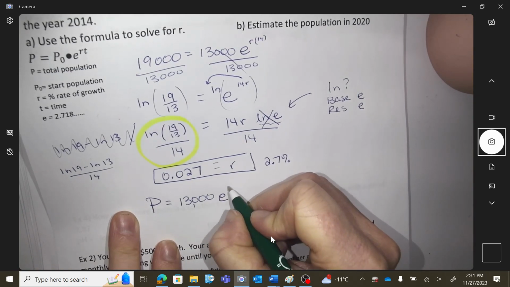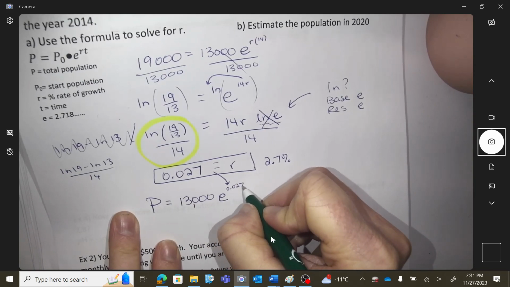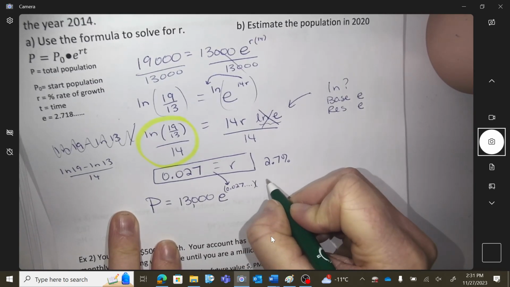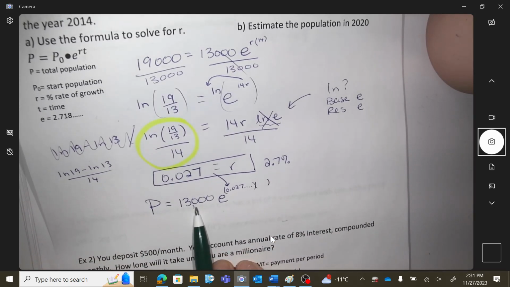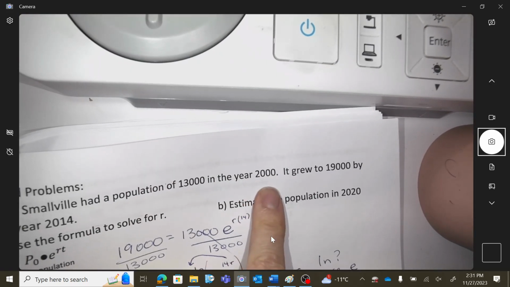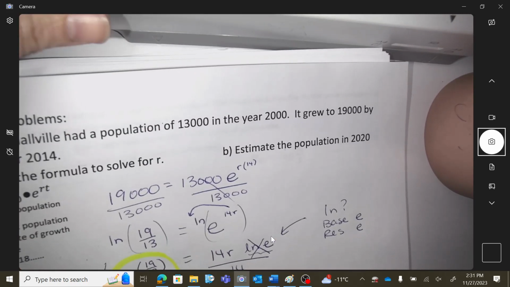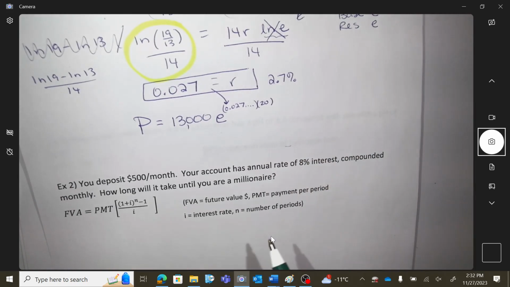E to the R times how many years? So remember when the population was 13,000? What year was that in? 2000, and now we're up to 2020. So that would be a span across 20 years.